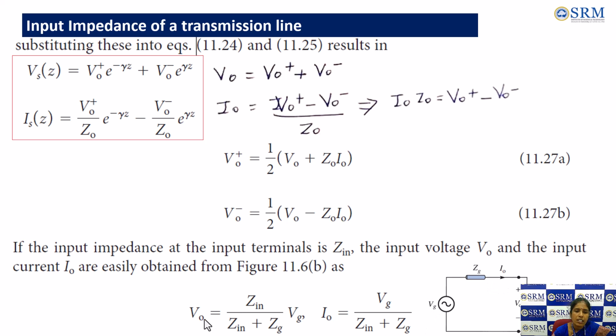So V0 is nothing but the supplied voltage Vg across the input impedance of the transmission line Zin, divided by Zin plus Zg. Similarly, I0 is the ratio of voltage and impedance, so Vg divided by Zin plus Zg.